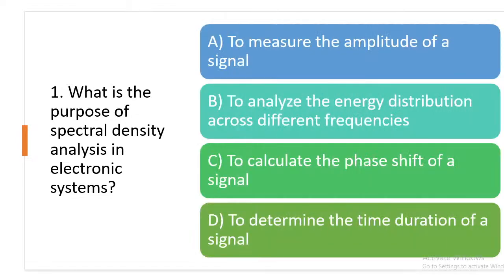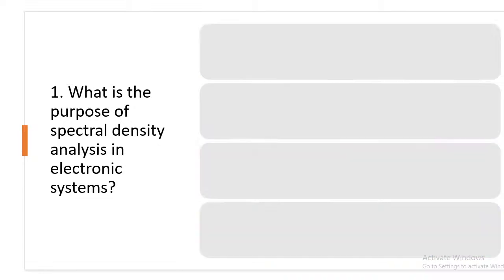So to measure amplitude of a signal, to analyze energy distribution across different frequencies, to calculate phase shift of a signal, to determine the time duration of a signal. Time starts now. Next question. Next.